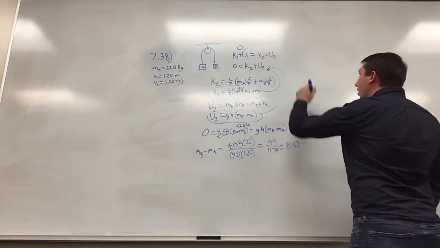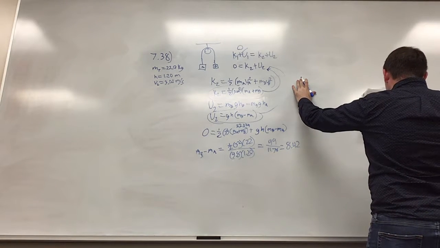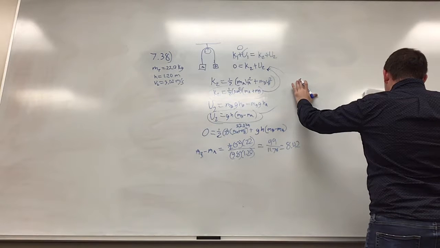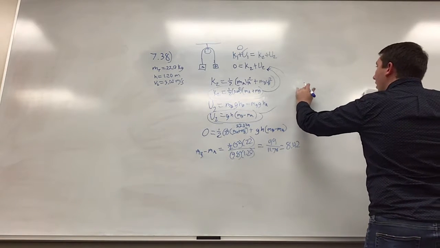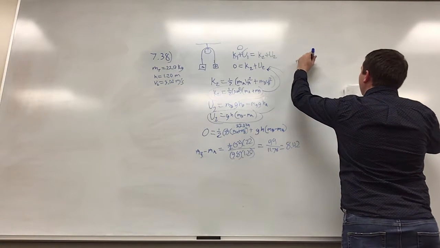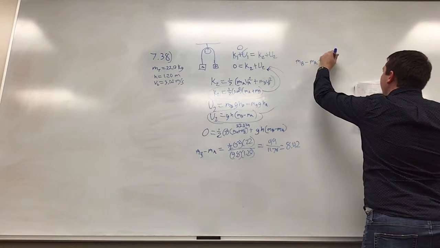So then we have mass B minus mass A is going to be equal to 8.42.